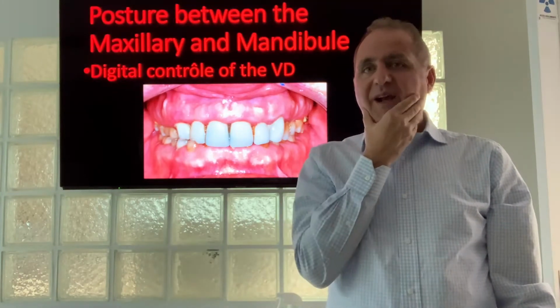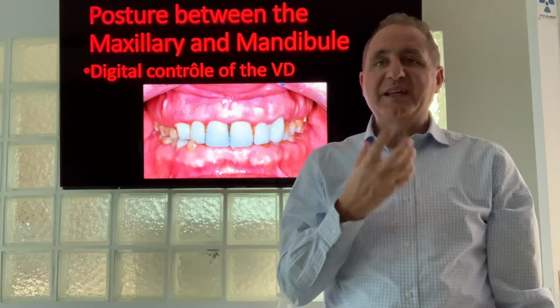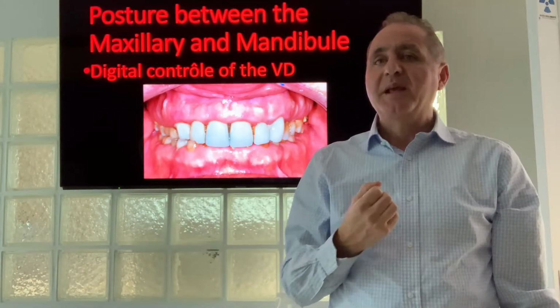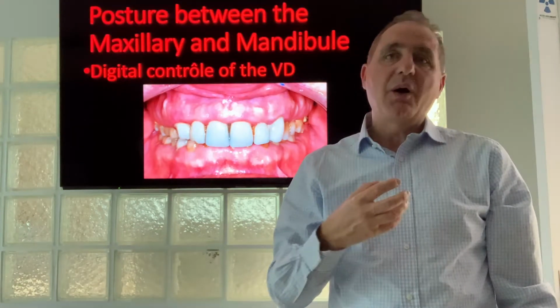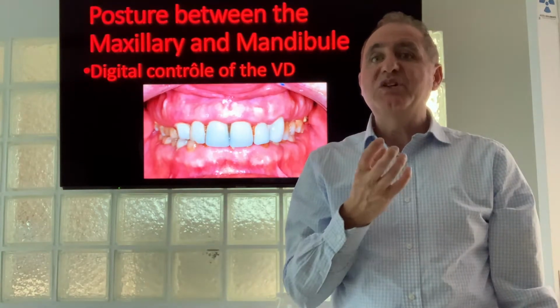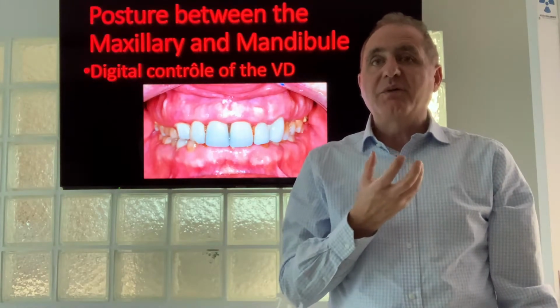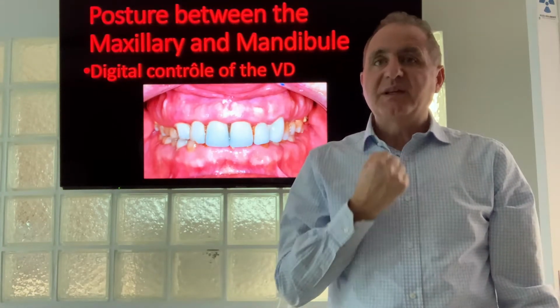So this is what I want to show you today: how, with the CAD/CAM system, with the photos, with the overlapping and with the swallowing, we can detect and be 100% sure about the posture of our mandibula compared to the maxilla.